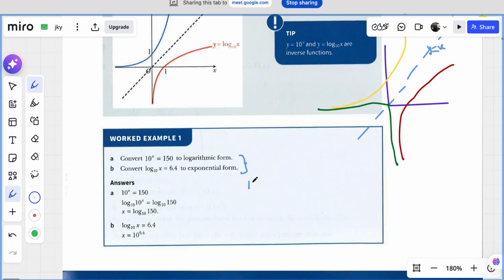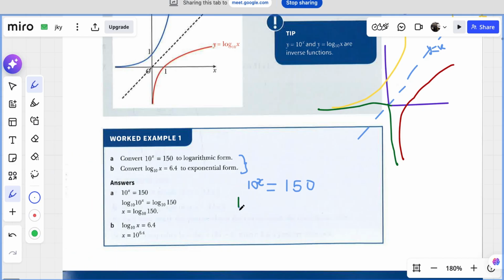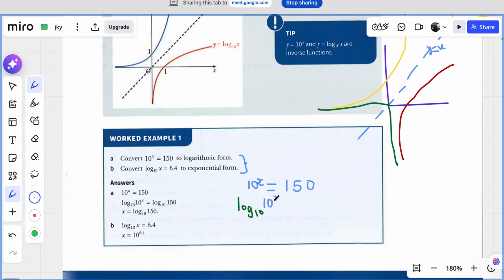10 to the power of x. Log to base 10 to both sides. So we have to introduce log to base 10. We are introducing log to base 10 to both left and right. So we write log to base 10 here. Base means a little bit lower, right? Log to base 10, 10^x. Then 10 to the power of x is equal to, and you also introduce log to base 10 on the right side.